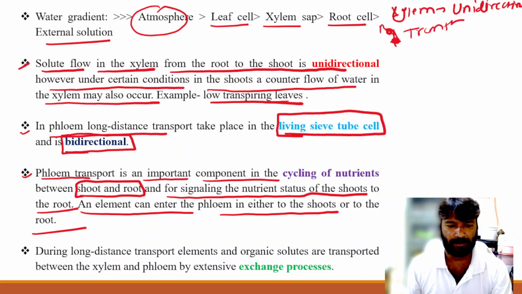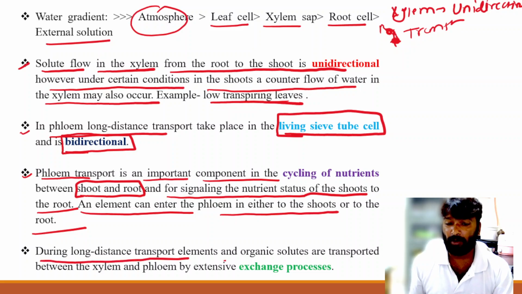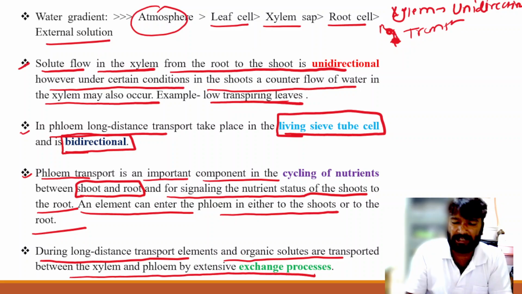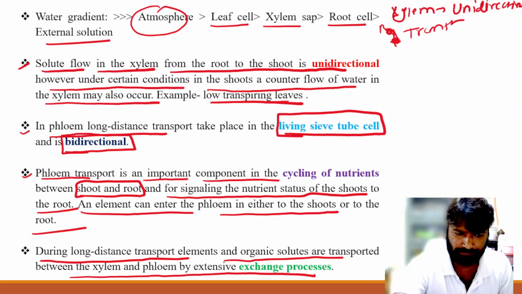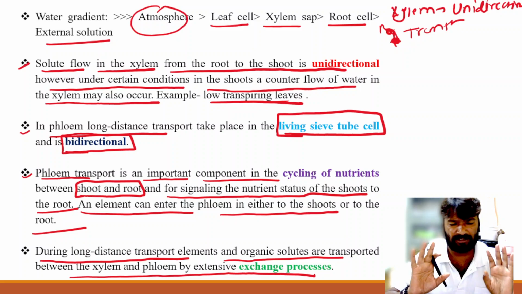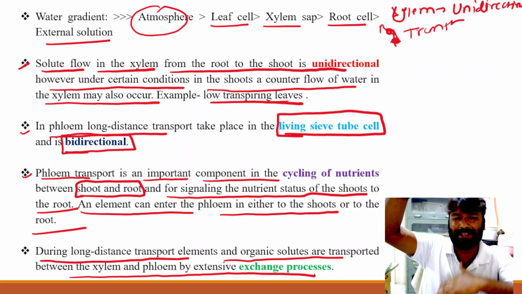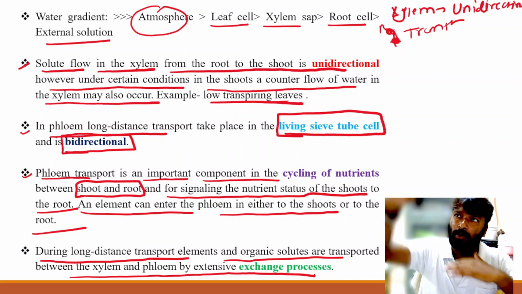During long distance transport, elements and organic solutes are transported between the xylem and phloem by an extensive exchange process. Means during the long distance transport of nutrients, exchange processes take place. So this slide is also very clear on how the transport in the xylem, or long distance transport, takes place.